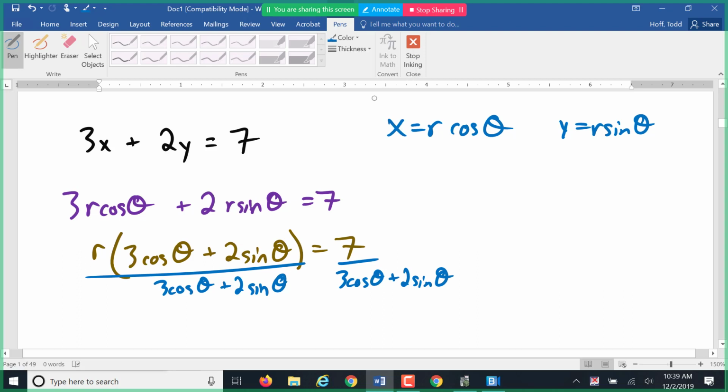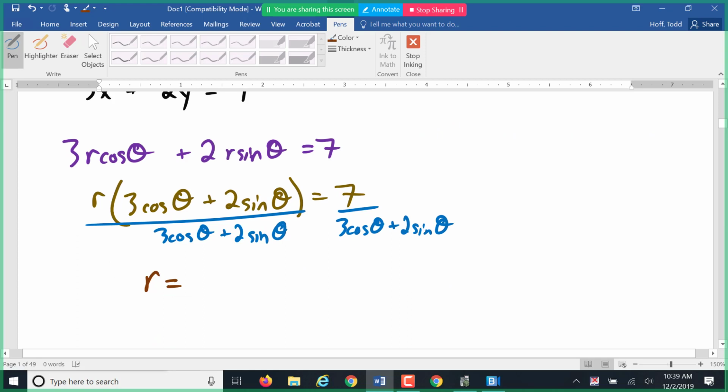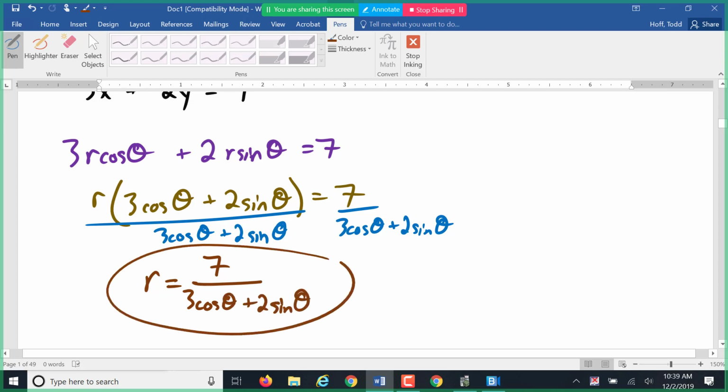And I end up with r equals 7 over 3 cosine theta plus 2 sine theta. And that is generally how a polar equation is given, is instead of y equals like our rectangular equations are, it's r equals. R is given as a function of theta.